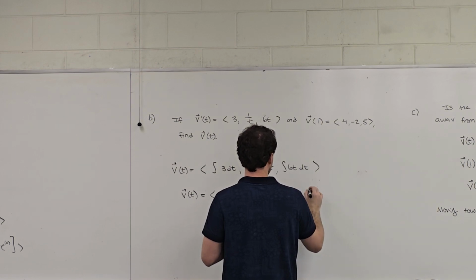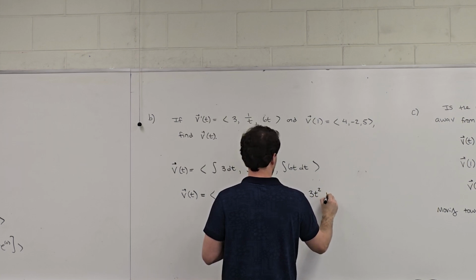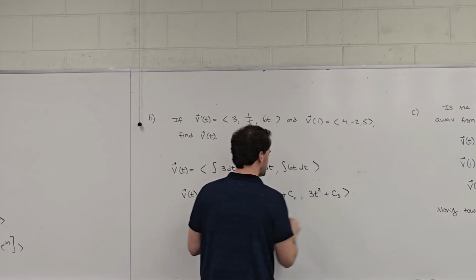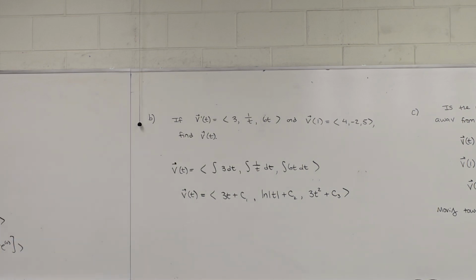That would be 6t squared over 2, so 3t squared, plus C3. Please ask questions so far on just the antiderivative.